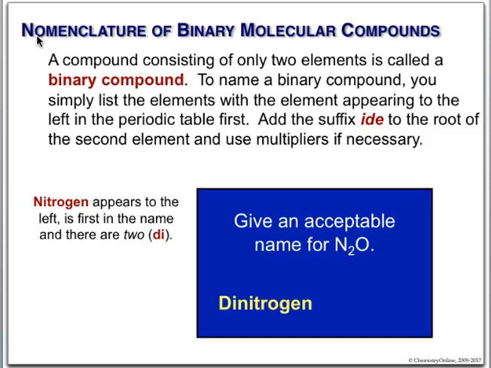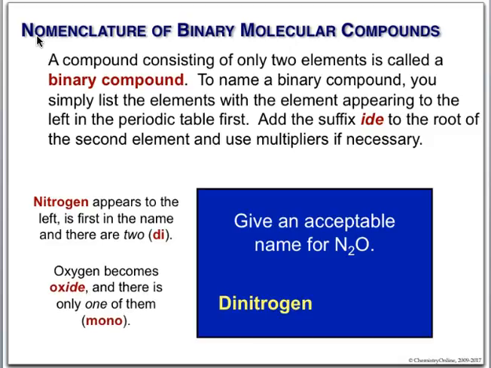Our second word, we have 1 oxygen. Remember, the second element always gets a multiplier. Mono. So this is monoxide. You note that we kind of dropped one of the O's. That's because too many O's in a line, it's just hard to say.